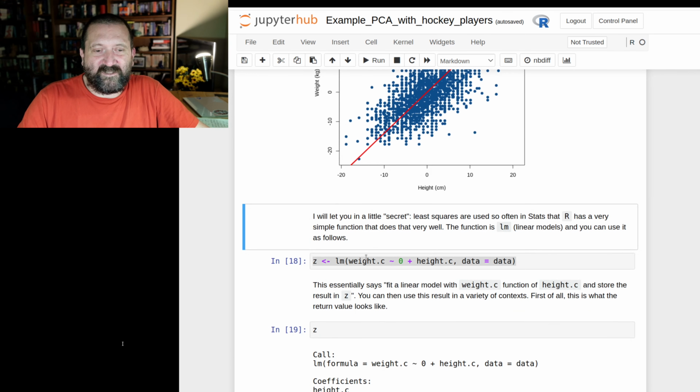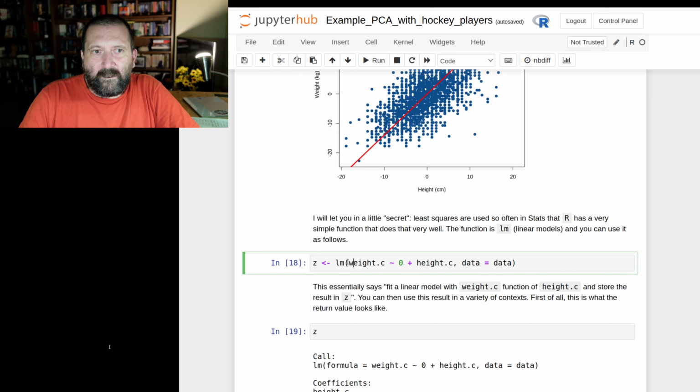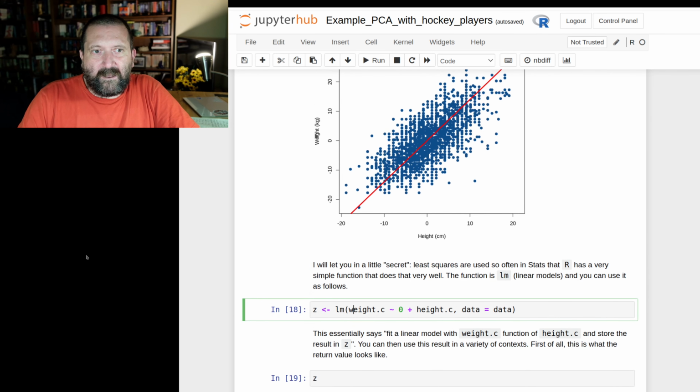So here what I'm saying by doing the call that I have here is I'm saying Z is the linear model, so it's the least squares problem, where I'm looking for a line. Otherwise I would have squares in here. Okay, I'm looking for a line that expresses the weight, and remember dot C means it's centered.